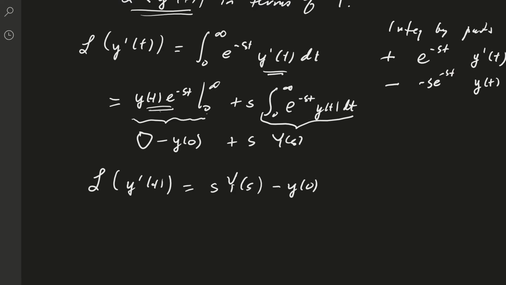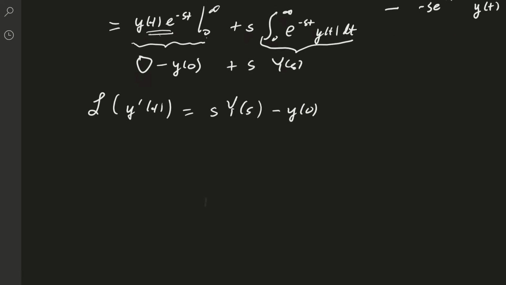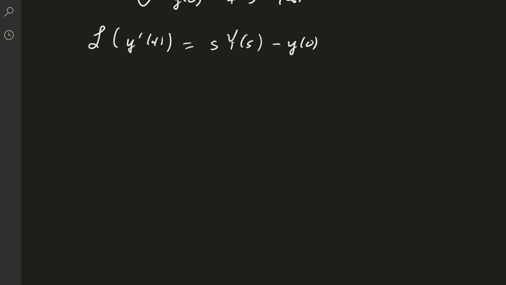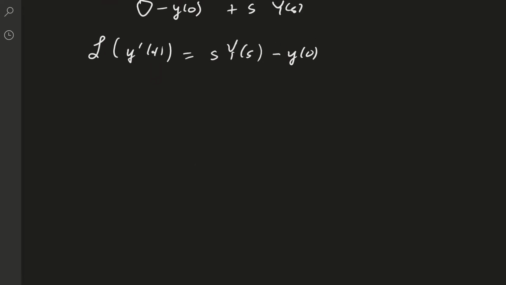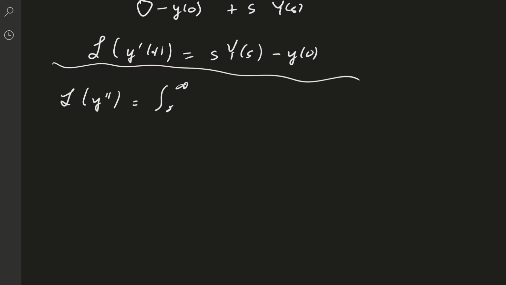Now let's keep going. I think we can do the next one in 1 minute or less. So how do I do the same kind of thing with the Laplace transform of y double prime? Why, I do exactly the same thing.